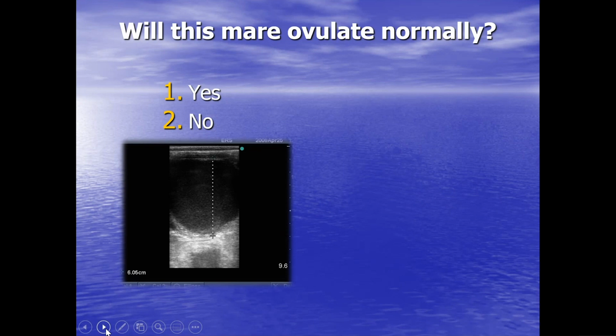So I would imagine that follicle palpated pretty firm. And I think those echogenic particles, you may argue they're not quite dispersed throughout the whole follicle, but they're pretty close. So for my money, I think that mare won't ovulate normally.